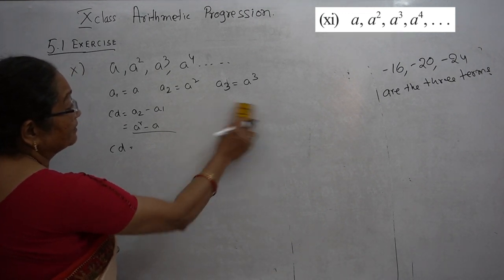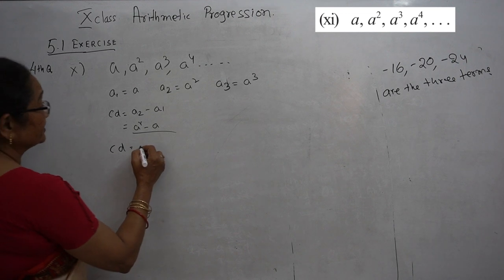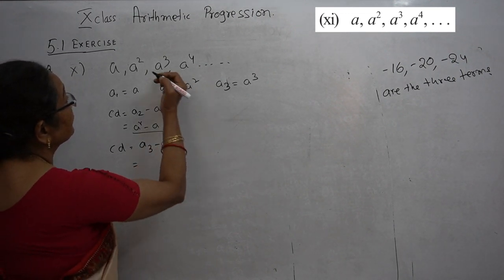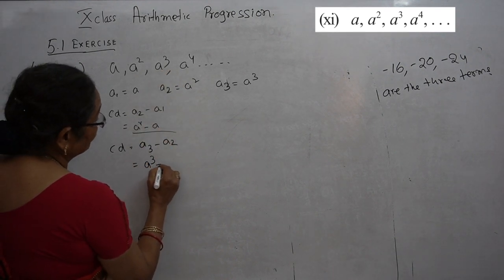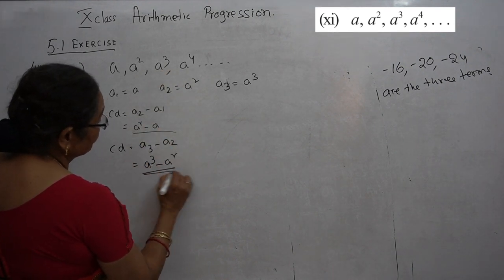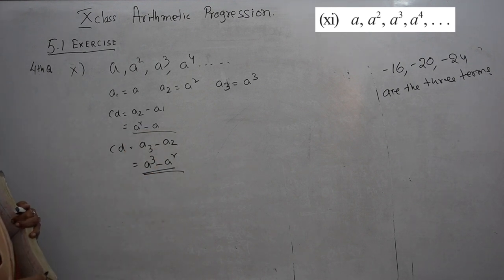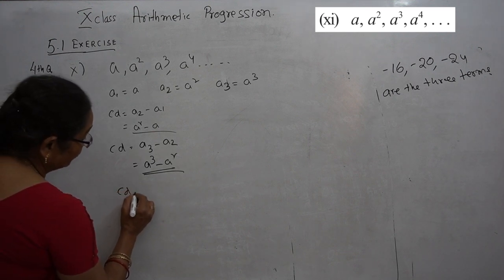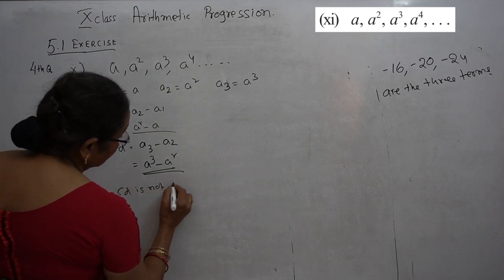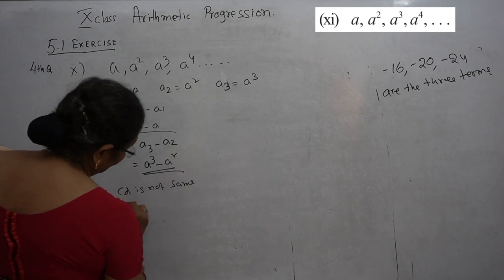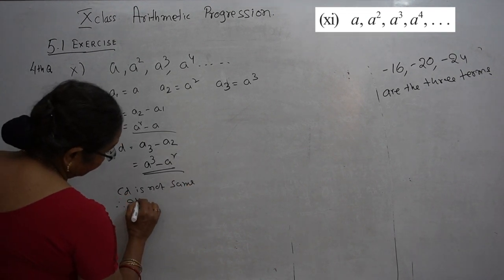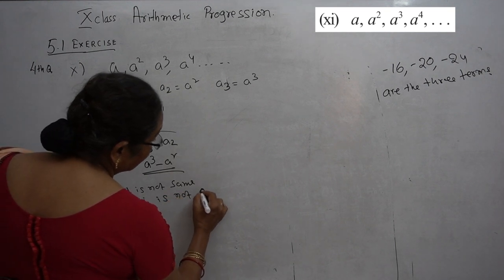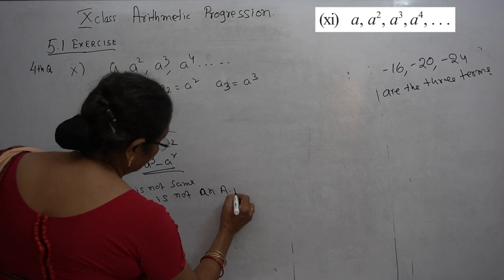So the common difference here, A3 minus A2. A3 is a cube minus a square. Here also you can't do it. So the common difference is not the same. Therefore this is not an AP. Here you will write, common difference is not the same, therefore this is not an AP. Okay?